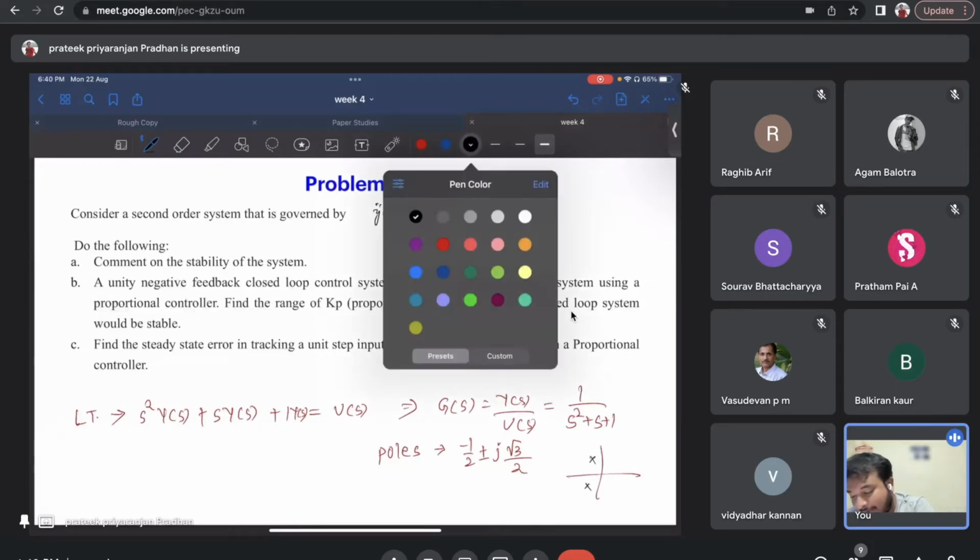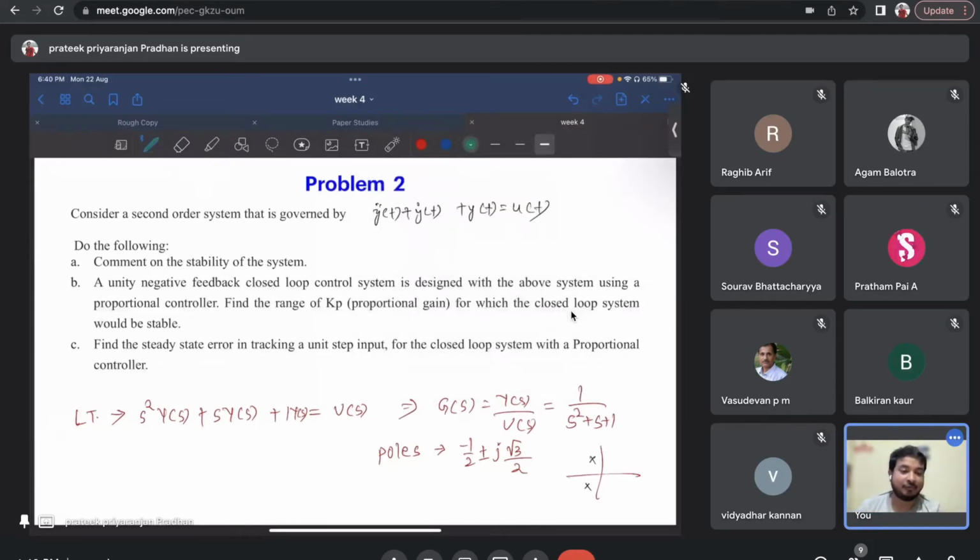Now I will give you some trick. Whenever the denominator has all the coefficients positive, of s square, s, and s to the power 0, then it's stable 100%. It's a trick applicable for the second order system.